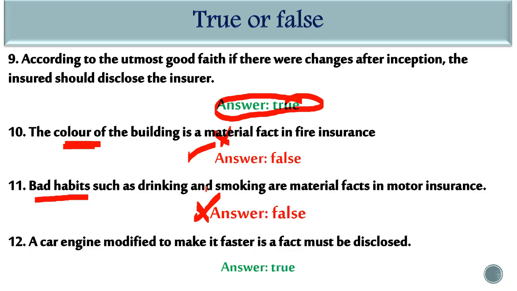For example, a car engine modified to make it faster. So, answer is true, because any facts that may increase the degree of risk than normal must be disclosed.